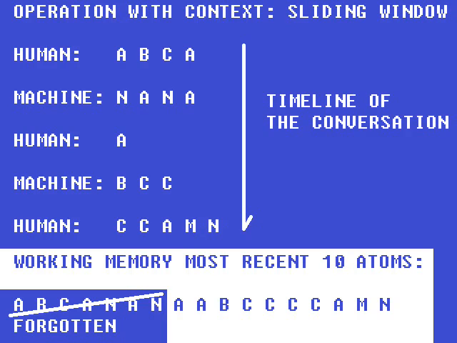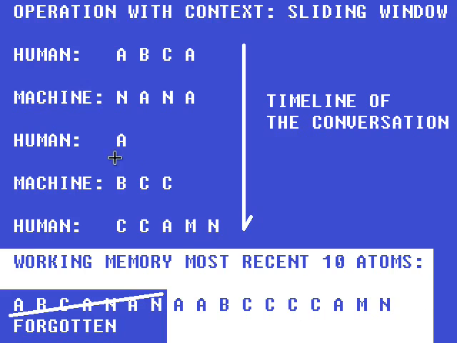We can actually simulate context, at least to some degree. We can say that the system shall have some sort of working memory, for instance 10 atoms, okay? And it is simply remembering the last 10 elementary atoms. So, if you're having this exchange between human, machine, and human, then the machine's working memory contains the entire last response of the human, the CCAMN.